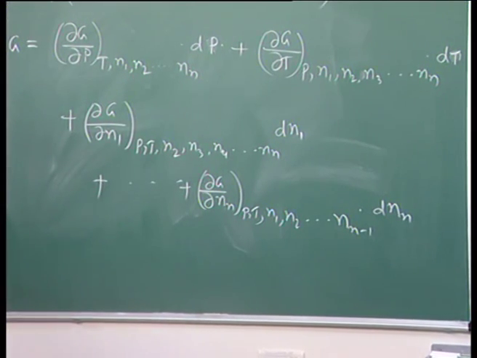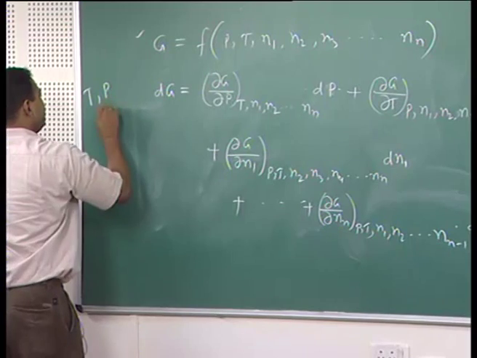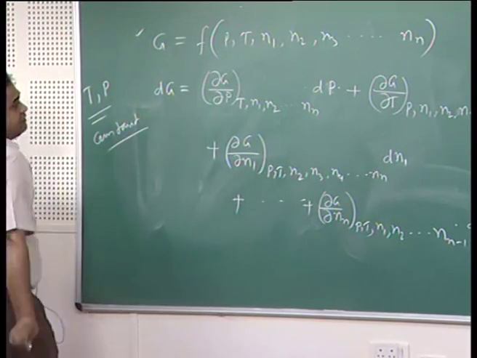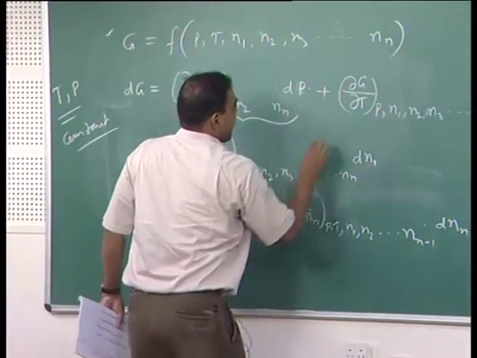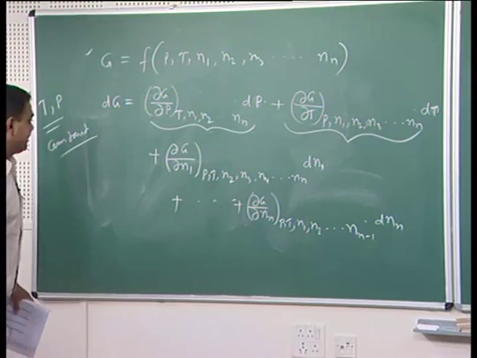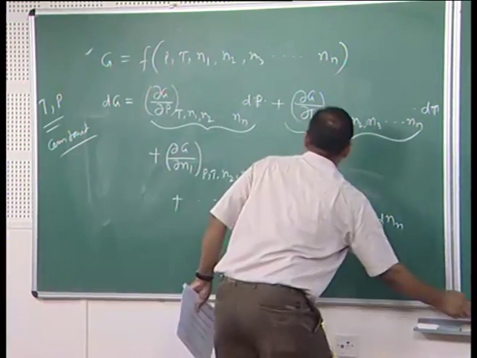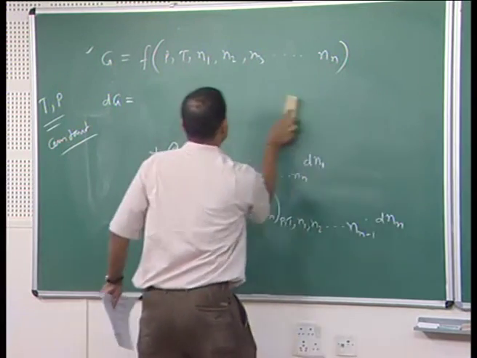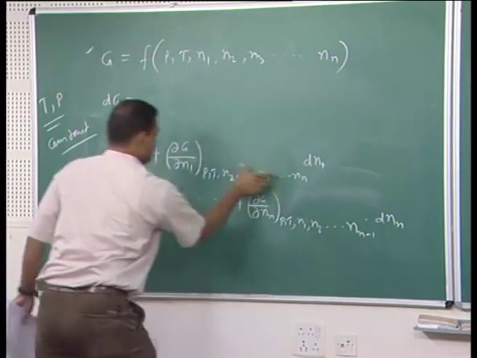Now, if your system temperature and pressure are constant, then this as well as this both become 0. Then the overall change of the system would be decided by the change in the other components.